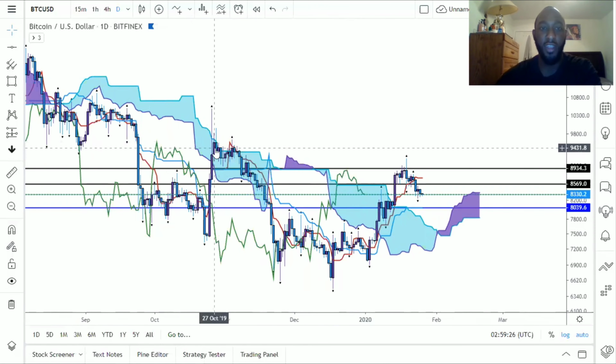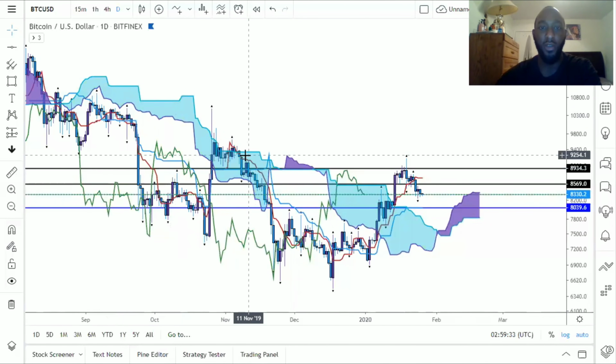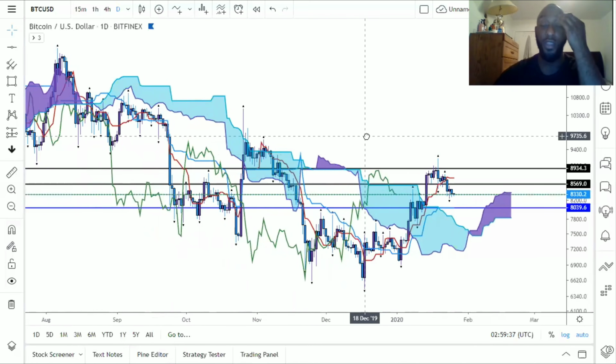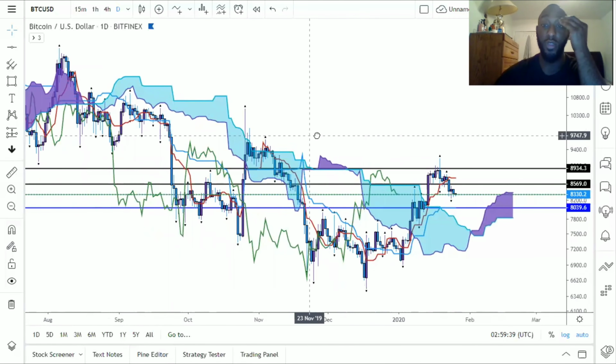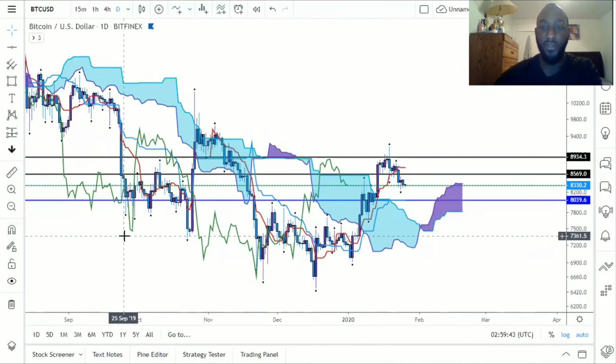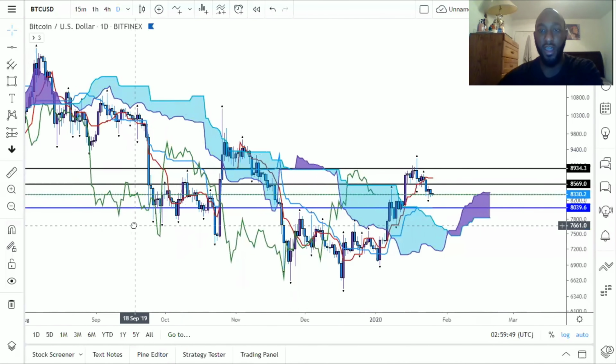You don't get that until the candle closes. This follows the price. This is not gonna give you all the answers. That's why I follow the cloud more than I follow Chikou span. And you could also do it without it, but I prefer to do it this way to mark the charts a lot faster.